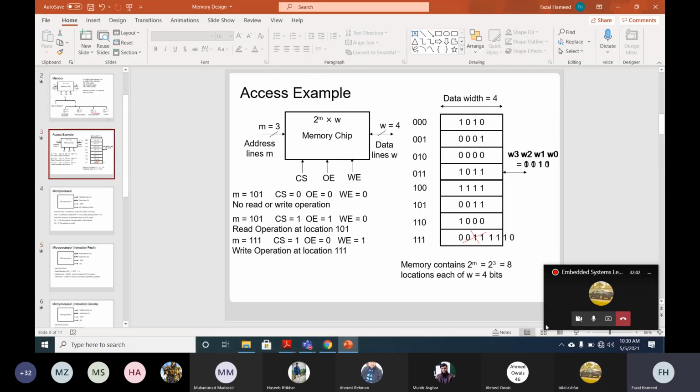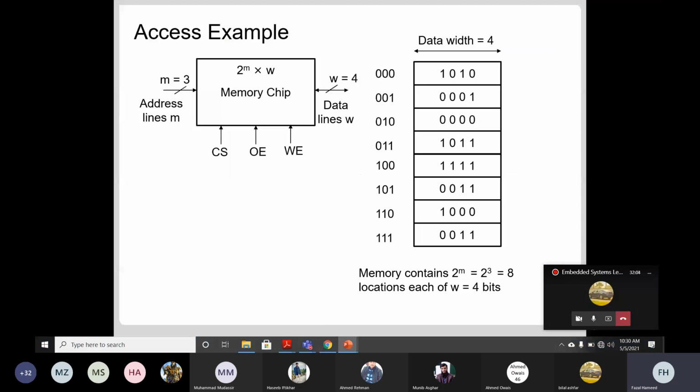Just simple. Like if you see in this example, when the address is 110, what will be the contents of the data bus? 1000. So that's the point. In this case, the address lines will contain 110.